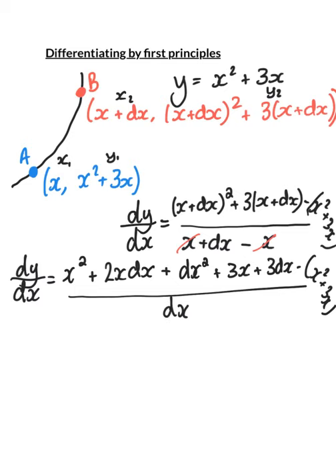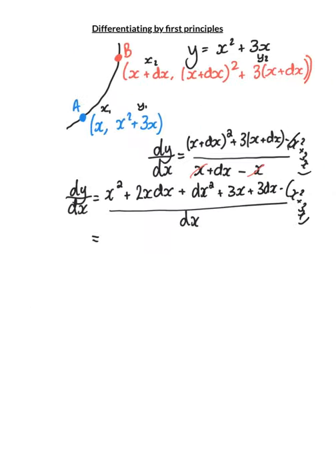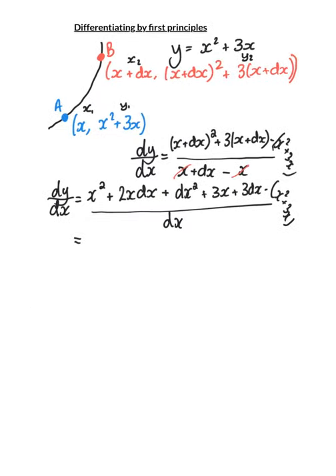I can still simplify the top row here, so I'm just going to simplify that now. Okay, so what I've got there is my x squared here, but I'm going to take away an x squared there.